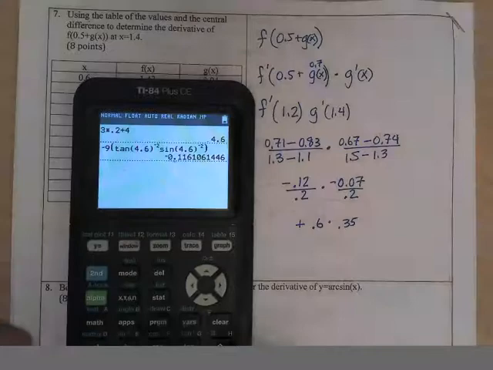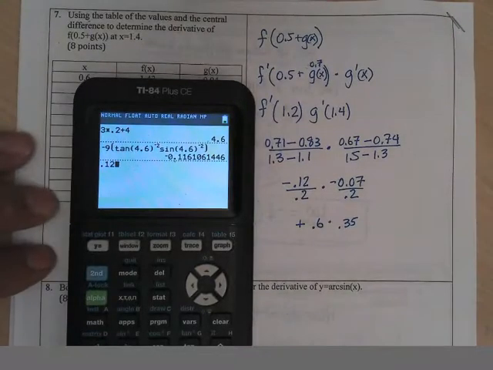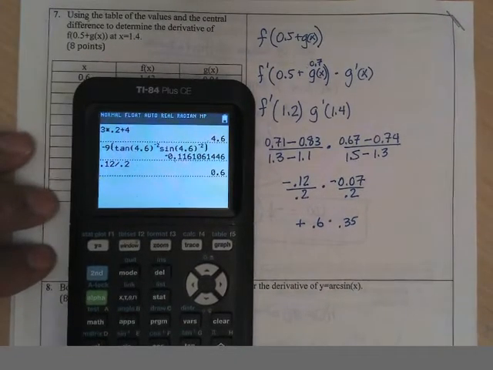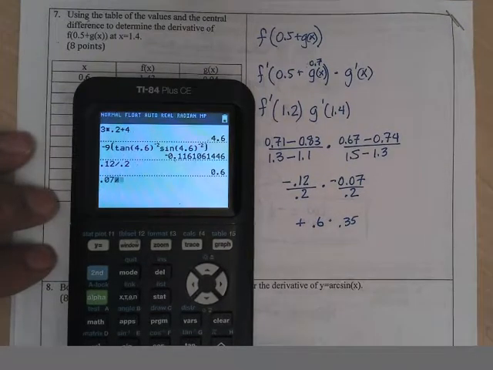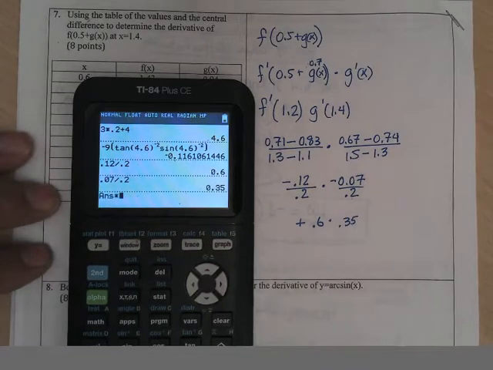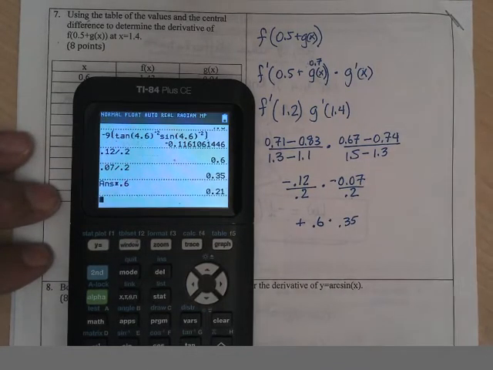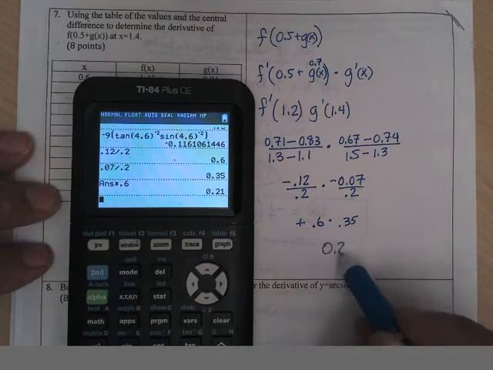So I've got 0.12 divided by 0.2 is 0.6, and 0.07 divided by 0.2 is 0.35. And if I multiply those, I get 0.21.